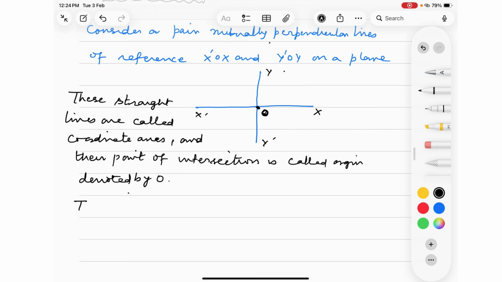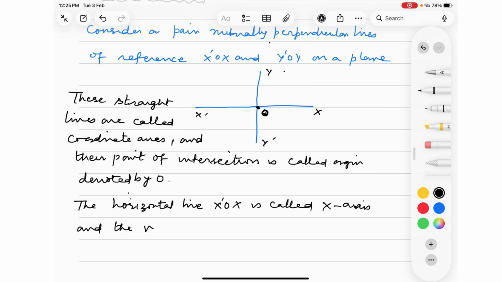Now in this, the horizontal line X dash OX is called x-axis, and the vertical line Y O Y dash is called y-axis.